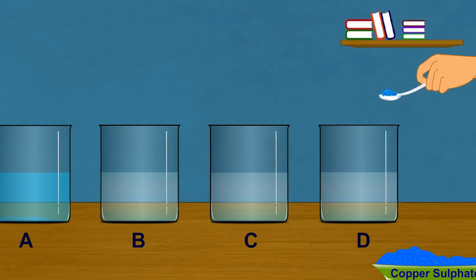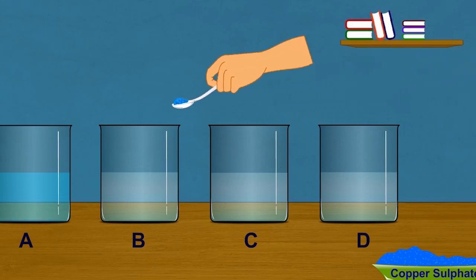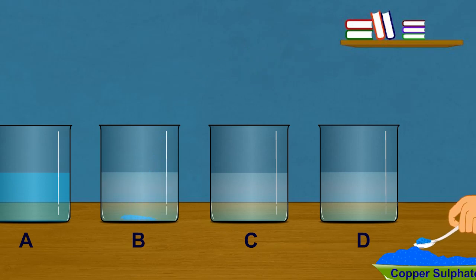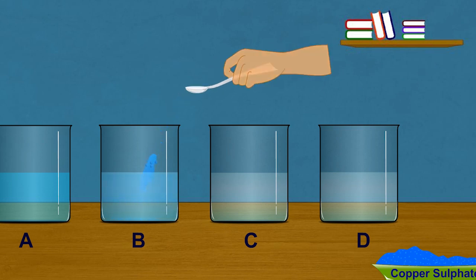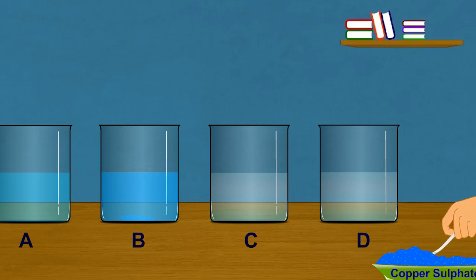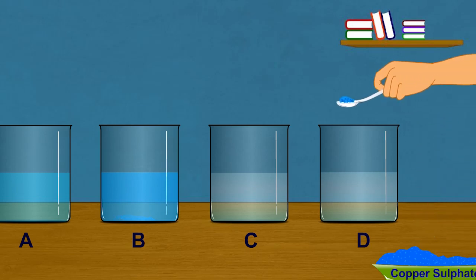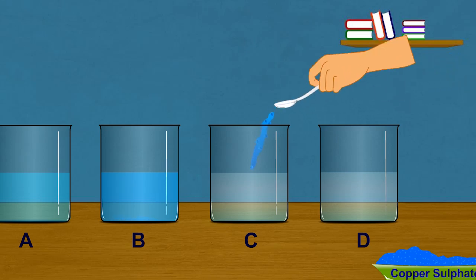Group B takes 50 ml of water and 2 spatulas full of copper sulfate powder in a beaker. Groups C and D take different amounts of copper sulfate, potassium permanganate or common salt and mix the given components to form a mixture.